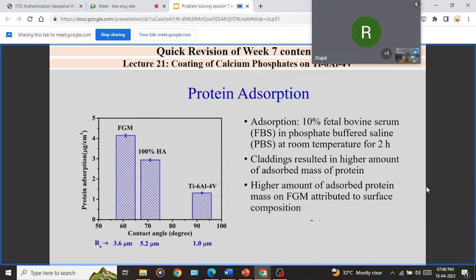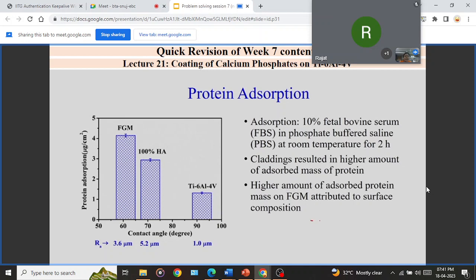Other than that, in the case of protein adsorption, the protein adsorption on FGM is the highest, whereas on titania it is the lowest, right? It is around 4 microgram per centimeter square in the case of FGM modified surfaces.